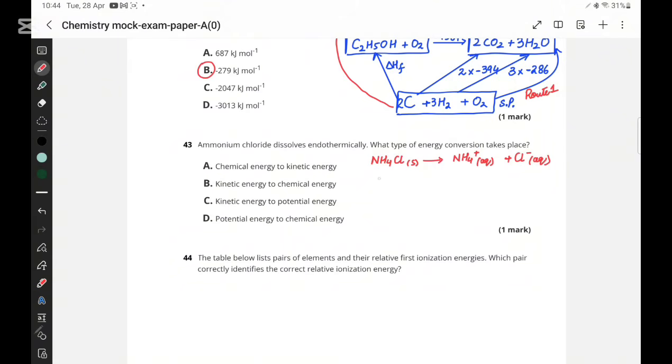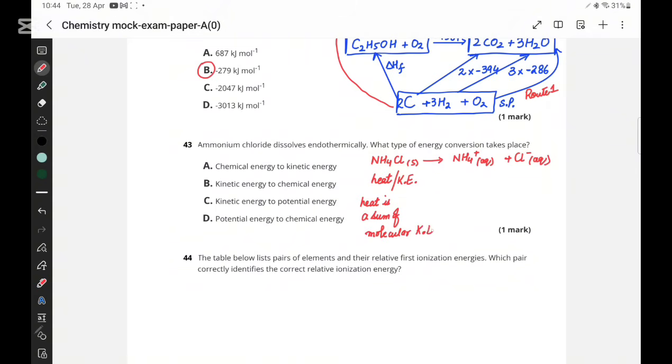When the bond between ammonium and chloride breaks, it absorbs energy, and that is heat energy. When heat energy is absorbed, that is basically kinetic energy, because heat is a sum of molecular kinetic energy.